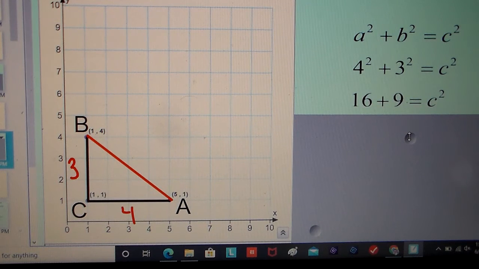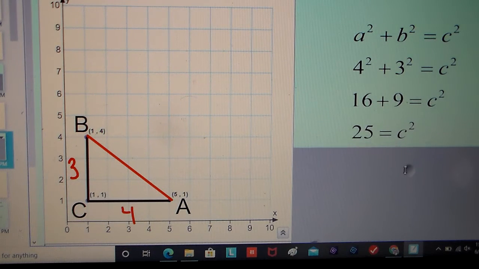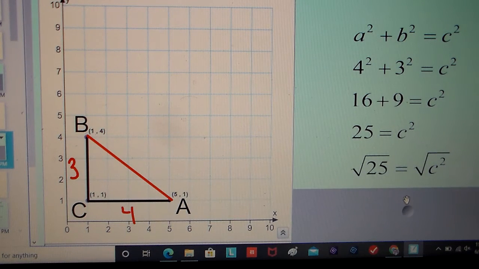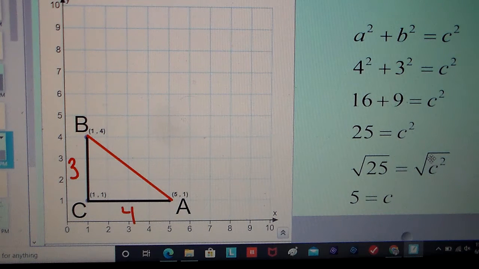So that's 16 plus 9, which is 25 equals c squared. Now to get rid of the squared, you take the square root like we talked about in class. So you take the square root of both sides and you get c equals 5. So the distance from B to A is 5.